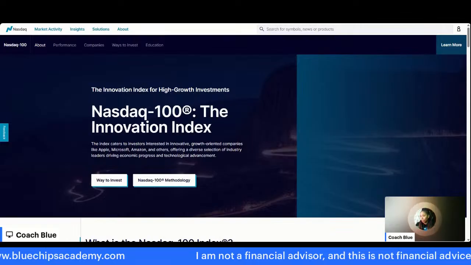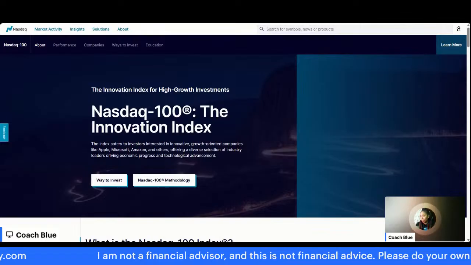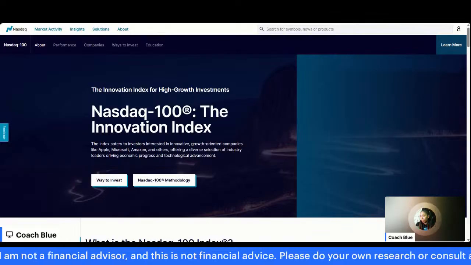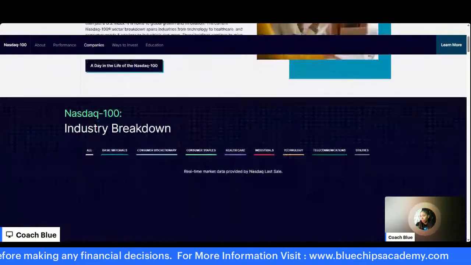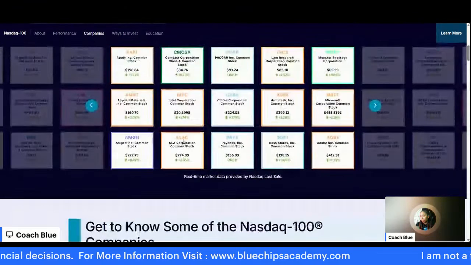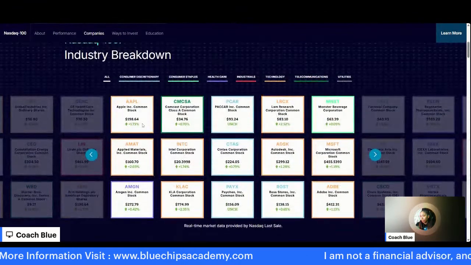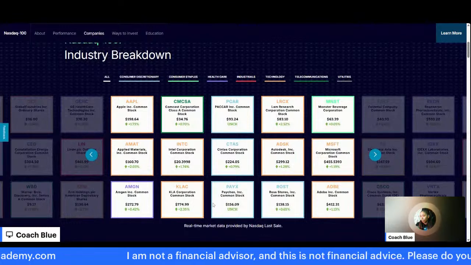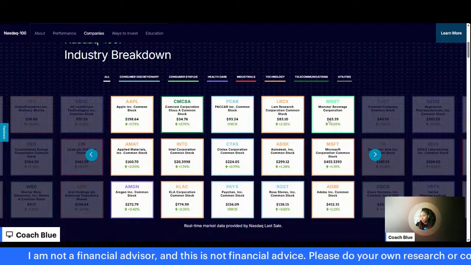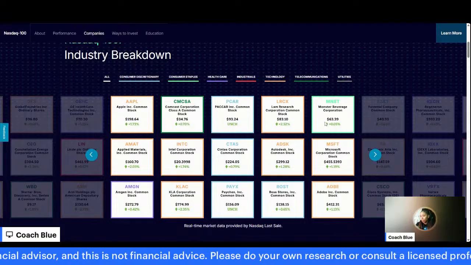So NASDAQ is the index that caters to investors interested in innovative growth-oriented companies like Apple, Microsoft, Amazon, and others, offering a diverse selection of industry leaders driving economic progress and technological advancements. These are some of the companies that are comprised within NASDAQ. You're already familiar with Amazon, Microsoft and Apple, but you also have Adobe, Cintas, Intel, Paychex, Monster Beverage, Ross Stores as well.